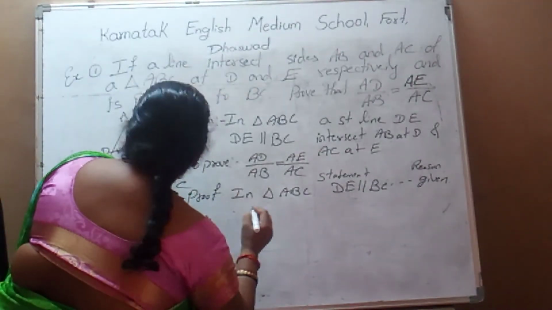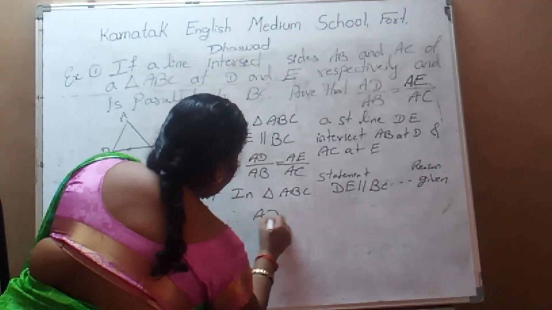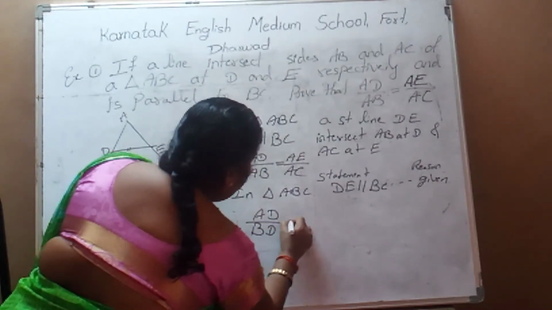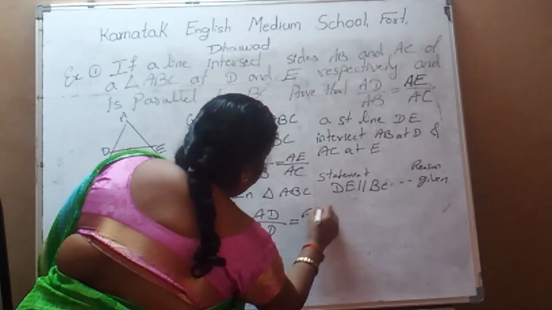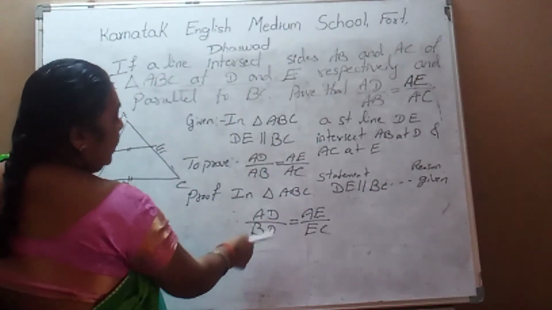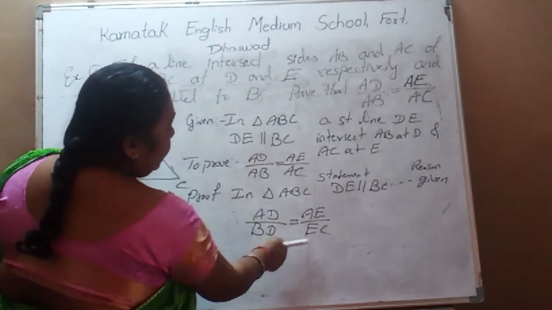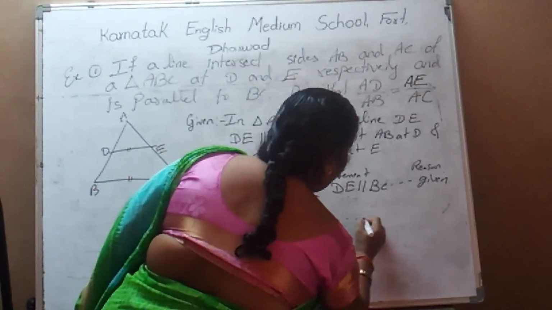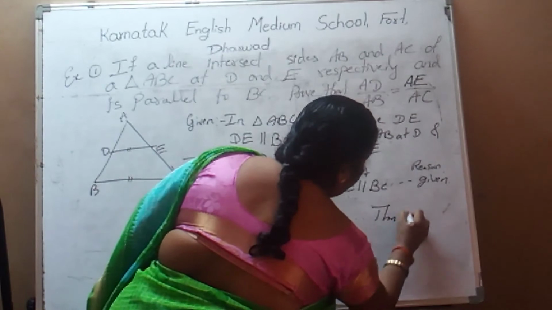Therefore, AD divided by BD equal to AE divided by EC. You already proved this yesterday by theorem 1.